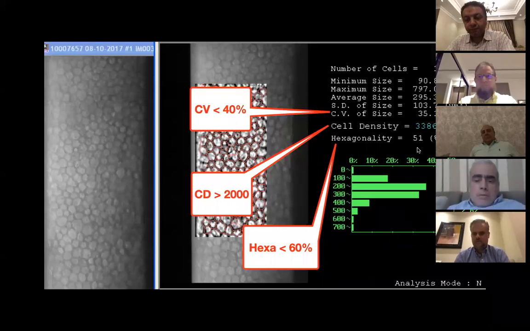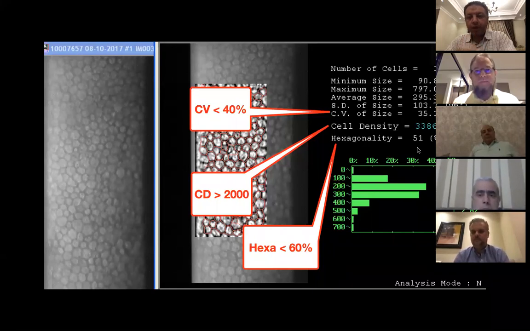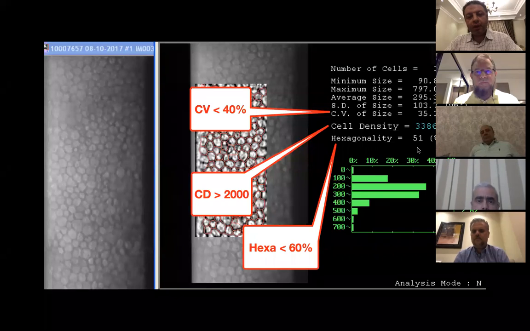Yeah, exactly. But we will go for the specular microscopy in all cases, even in young patients, just for determination of the hexagonality and the density, or also for the follow-up of the patient. Good point. Yes.